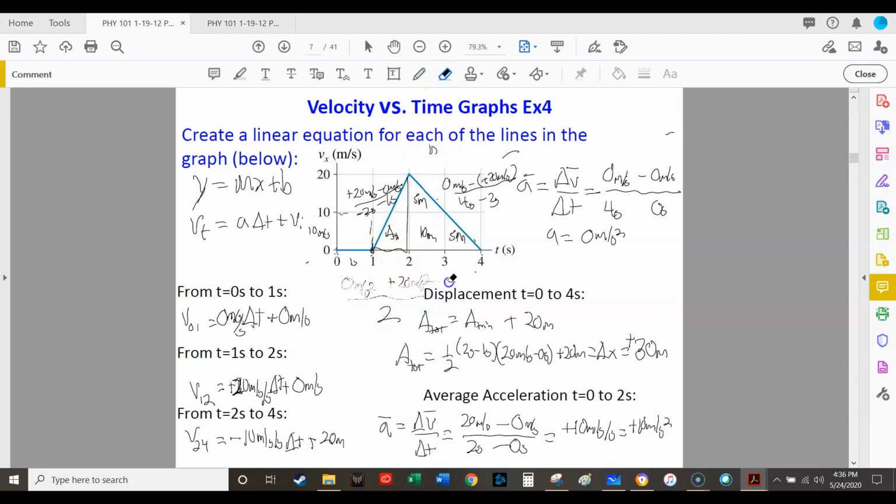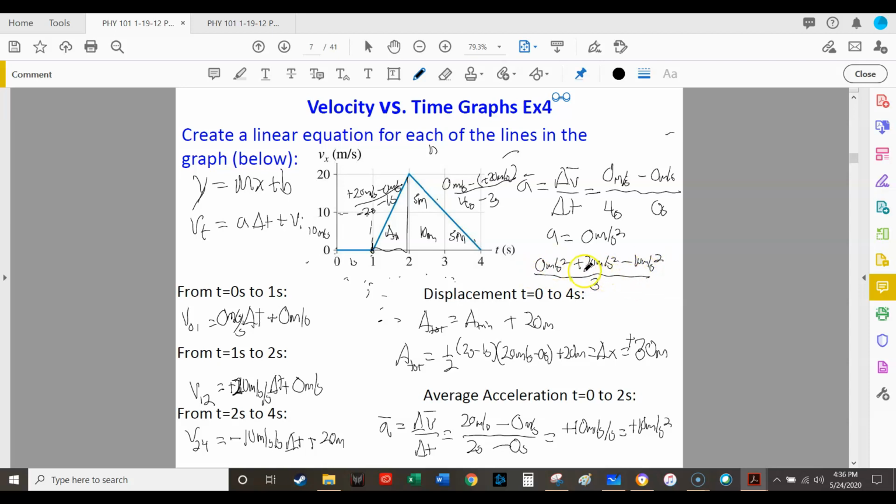So here's where the statistical average is different from the average as determined by physics, the true average. For the statistical average, you're doing 0 meters per second squared plus 20 meters per second squared minus 10 meters per second squared, divided by 3, right?